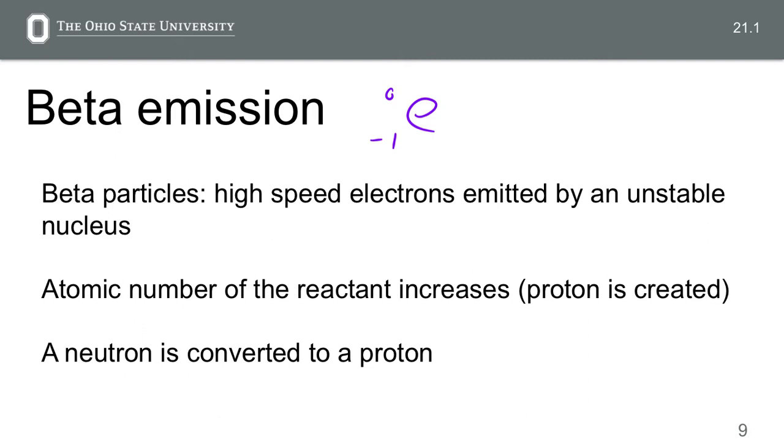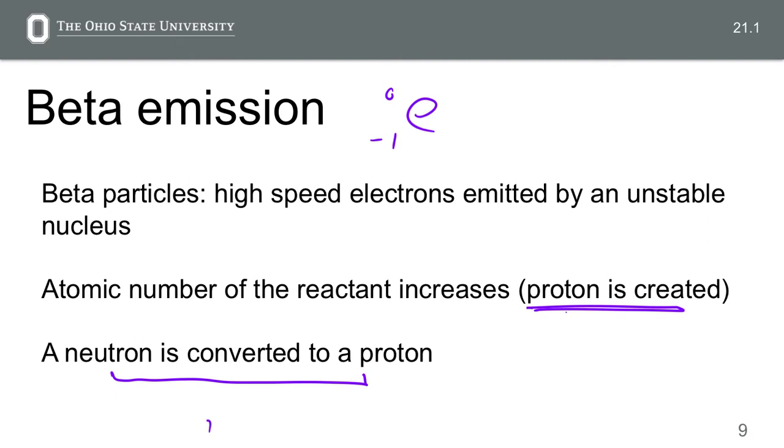And in fact, the atomic number of the species on the product side is 1 greater than that on the reactant side. What that means is that we create a proton. There is a process by which a neutron is converted to a proton. I believe I have an example of that later on, so we'll get to that.